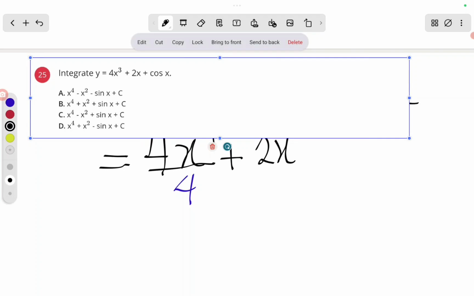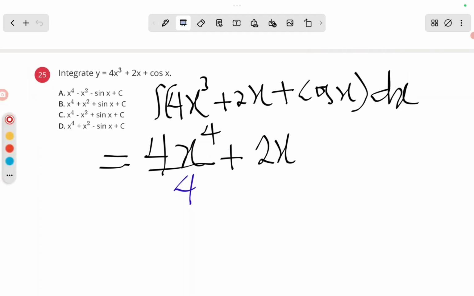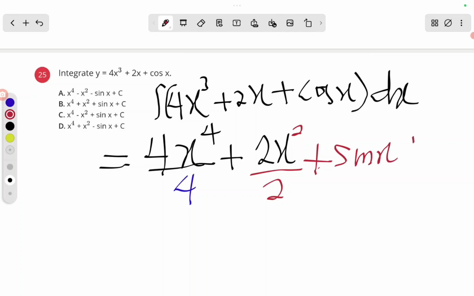Then we proceed with plus 2x. This part has an invisible 1 as its power, so 1 plus 1 is 2, and we divide by 2. Then if I integrate cos x, it gives us plus sine x, then plus your constant. 4 cancels 4, 2 cancels 2.